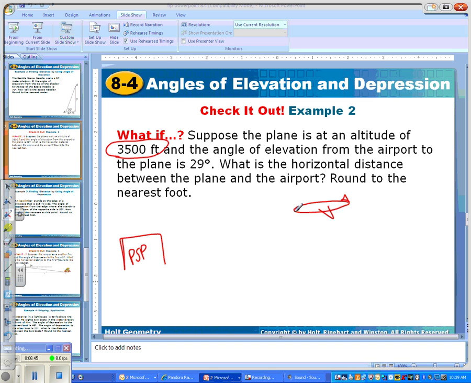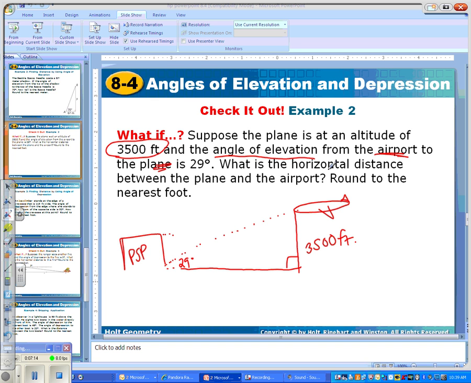Of course, the airplane is up in the sky somewhere. It says it has an altitude of 3,500 feet, so that means it is 3,500 feet up above the floor. Here is the floor, the horizon, if you will. The angle of elevation from the airport to the plane is 29 degrees. So if here was the airport and it was looking up like this, it would be 29 degrees.